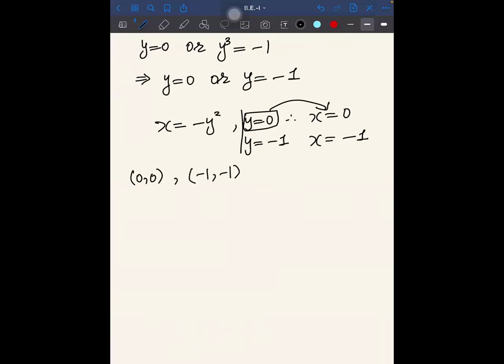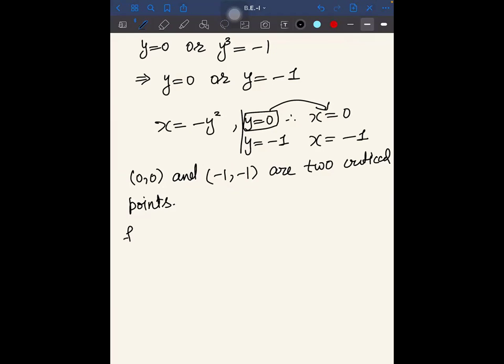So these are two critical points. Are you with me on this? So we'll test these 2 points. Of course, we'll calculate the Hessian and double derivatives as we need. We'll repeat the process for these 2 points.